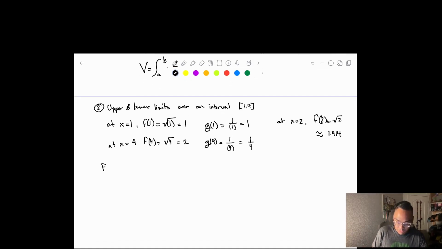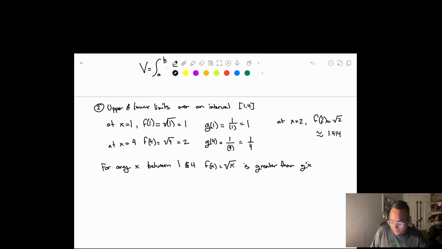So for any region, let's put, for any x between 1 and 4, f of x, the square root of x, is greater than g of x, 1 over x.